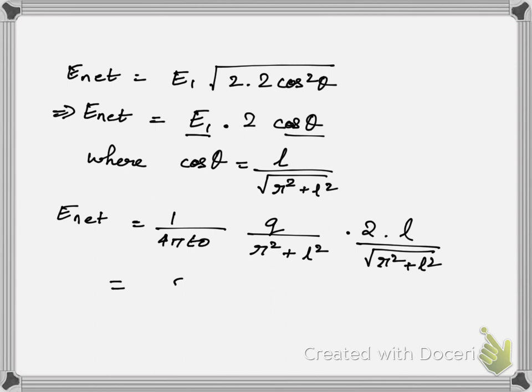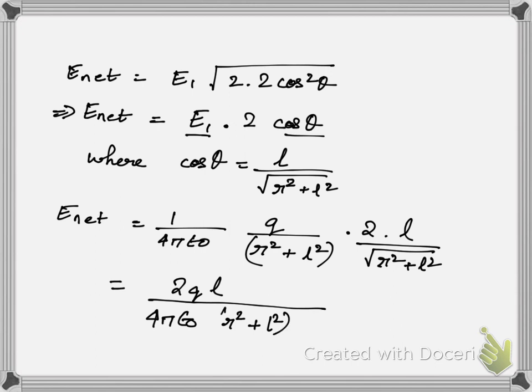This can be further simplified as 2ql, which is your dipole moment, as we have seen, by 4 pi epsilon naught, and here there is r square plus L square and also r square plus L square to the power half. So we can just add up the exponents of r square plus L square in this manner.